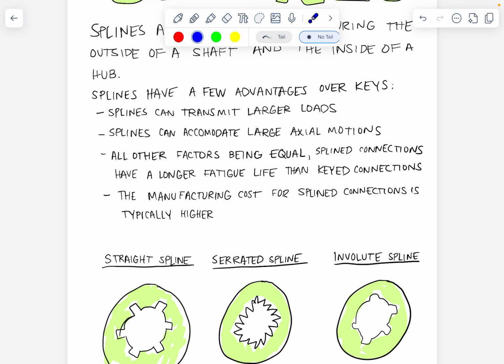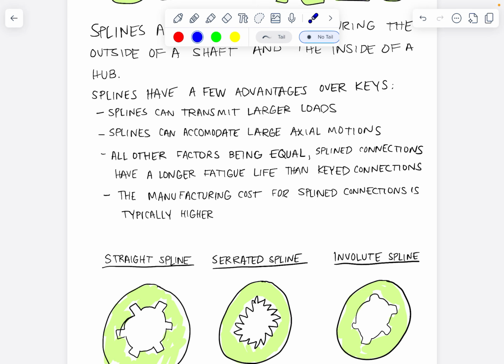The spline will still be there, and we can put stops on the outside of the hub or on the outside of the shaft to limit the ends of that axial translation, but we still just have two parts to worry about rather than three.